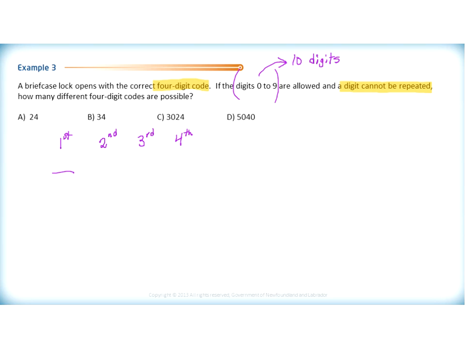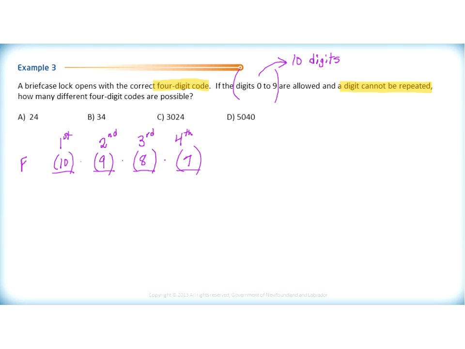In the case of the first digit, you have 10 choices that you can make. Because a digit cannot be repeated, you only have 9 possible choices for the second digit. The third digit, there would only be 8 possible choices. And for the fourth digit, you would have 7 possible choices to make.